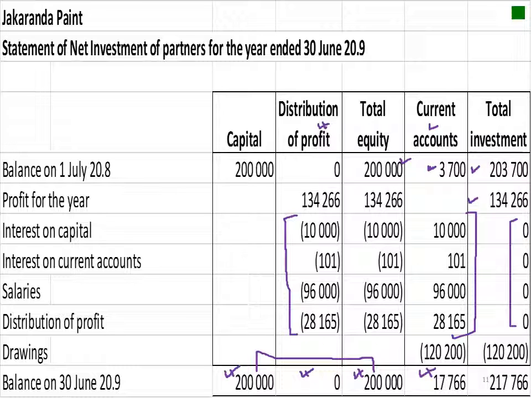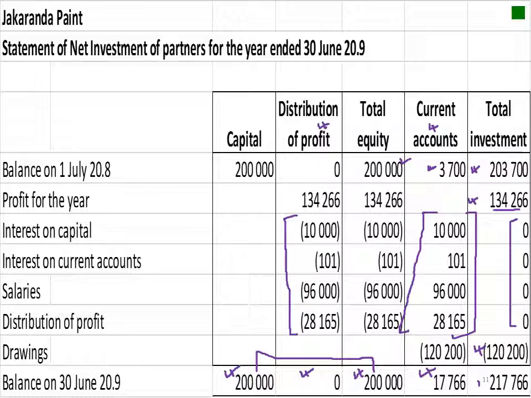So the debits and the credits net each other off to give you 0 in the total investment column. So the 203,700 was the opening balance. The 134,266 is the profit that the partnership made, which has been distributed and given to the partners and credited to their current accounts. And then the 120,200 is the drawings, the amounts they've already taken out of the business.